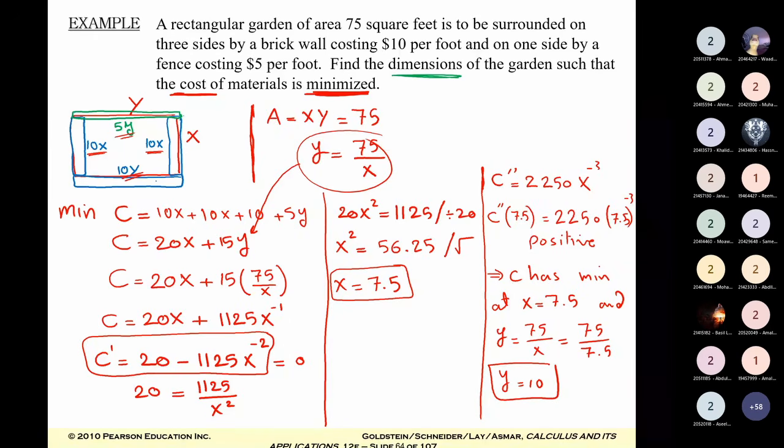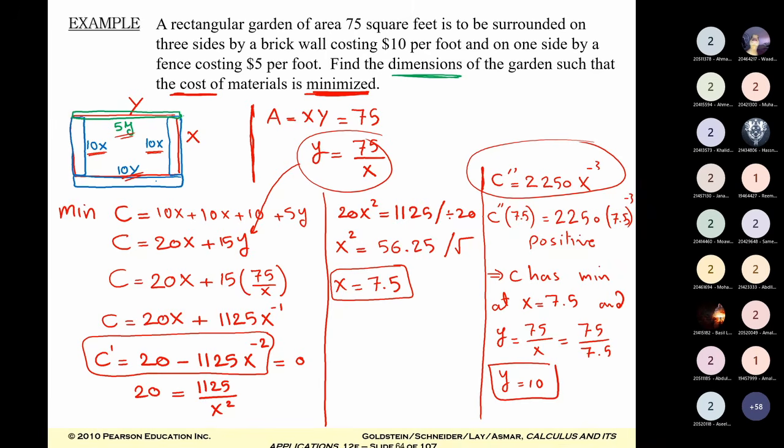Reem, this is the first derivative of C. If you need to find the second derivative test, this is the second derivative of C. We need to use the second derivative test to check local maximum or minimum.